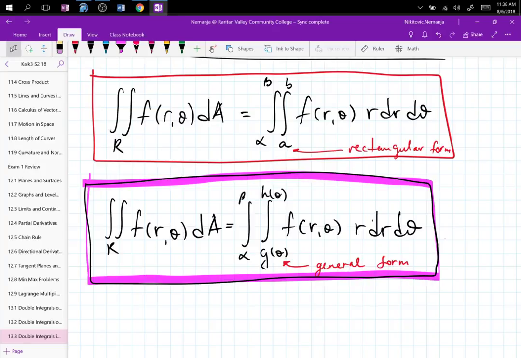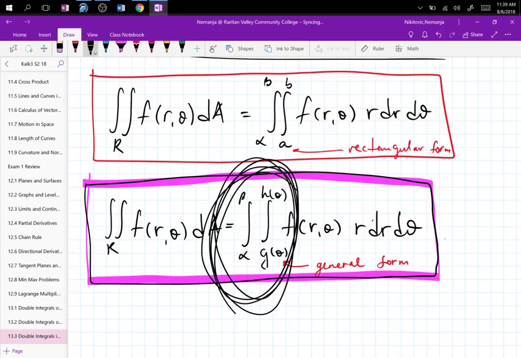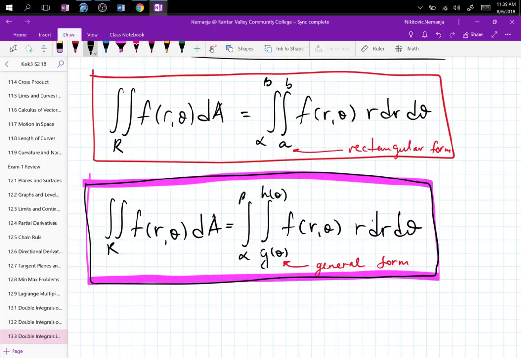Now, when you are looking at this, the question is, what is this calculating? Clearly, both of these are calculating volume, but the focus is on the area in the base, because you have to focus on the setup.